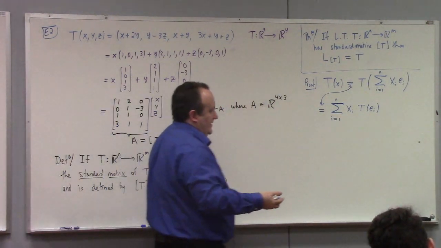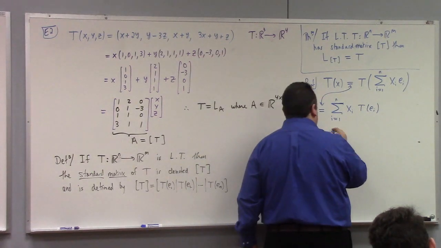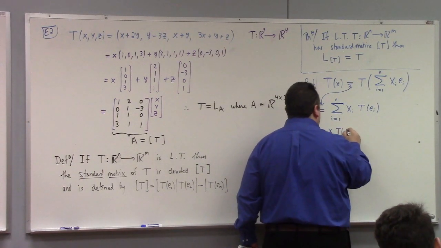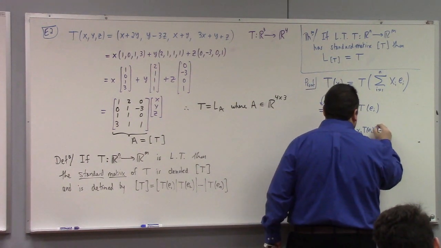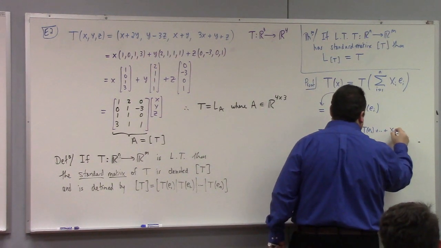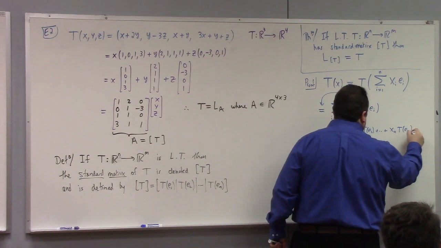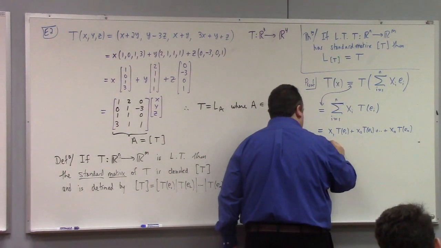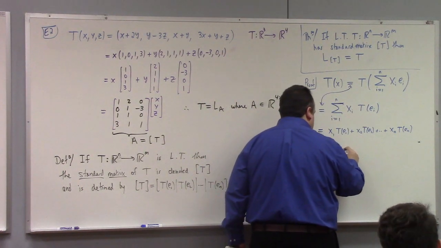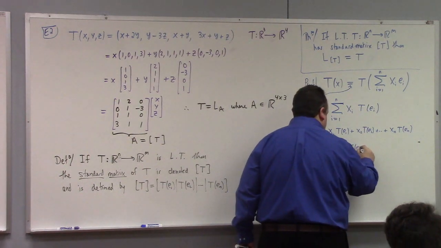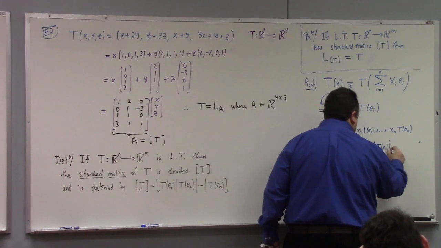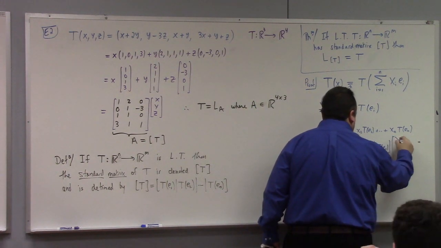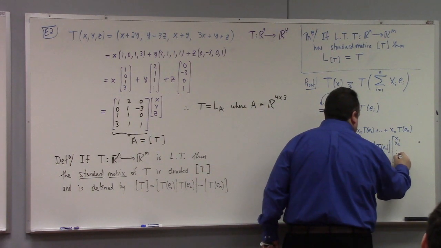But what are we looking at? We're looking at exactly x1 T of e1 plus x2 T of e2 plus up to xn T of en, which you guys should recognize as nothing more than the matrix T of e1 glued together with T of e2 glued all the way to T of en, multiplying the column vector x1, x2, up to xn.